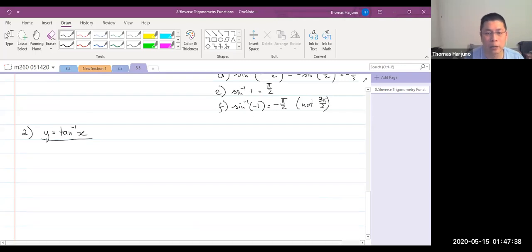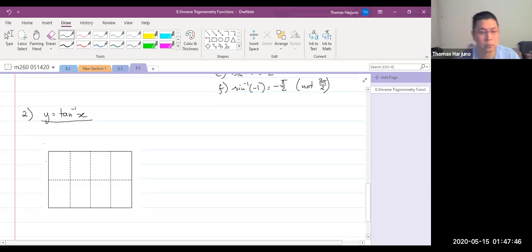When I get the picture, they will restrict the domain between negative pi over 2 to pi over 2 also. For what reason?